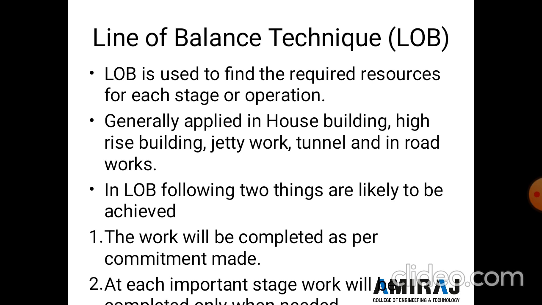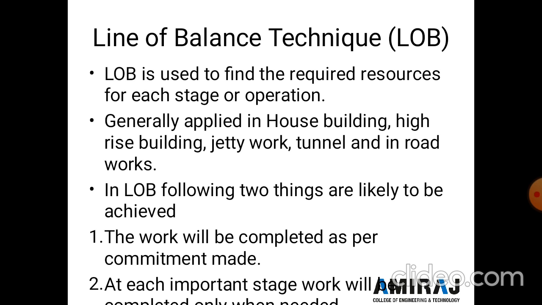In this method, all the work is repeated, like in a multi-story building. We construct the first floor, then the second floor, third floor, then fourth floor. All the floors have the same design.